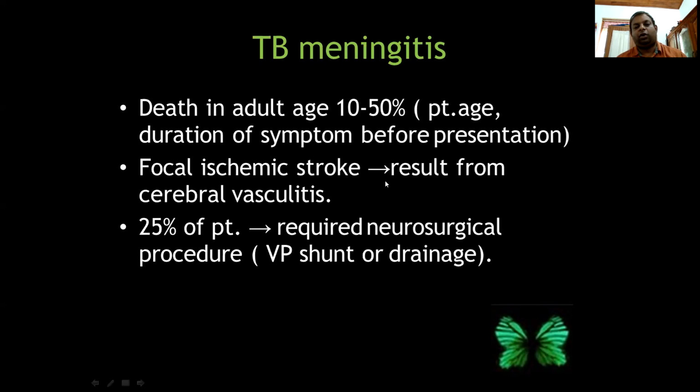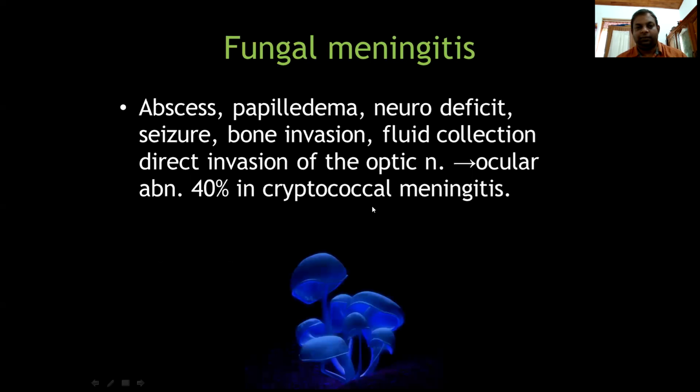Focal ischemic stroke results from cerebral vasculitis. Here it mainly causes base of the skull infection as well, TB meningitis. It typically presents with similar symptoms, low-grade fever, even pyrexia, and loss of appetite, loss of weight. They may require neurological procedures, VP shunt or drainage, ventriculoperitoneal shunts to reduce intracranial pressure.